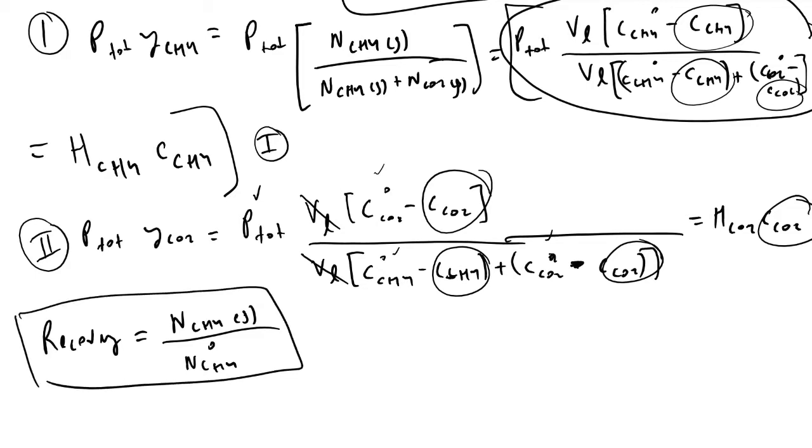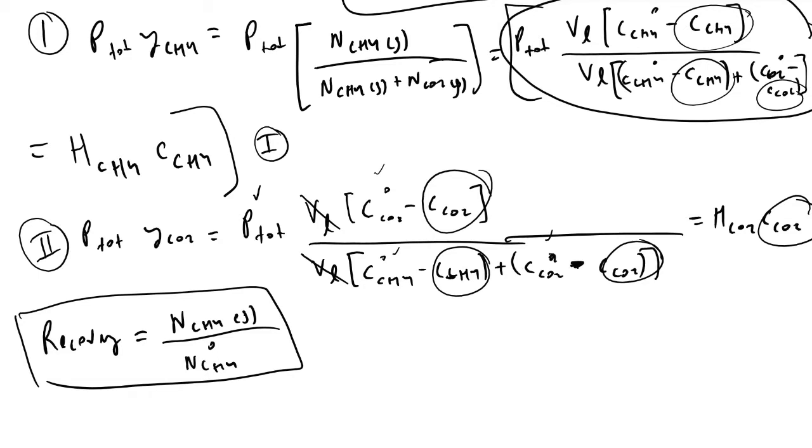And this should make intuitive sense. If we're able to extract all of the methane from our initial control volume, then we'll have 100% recovery. If we're not able to get anything, it'll be 0.